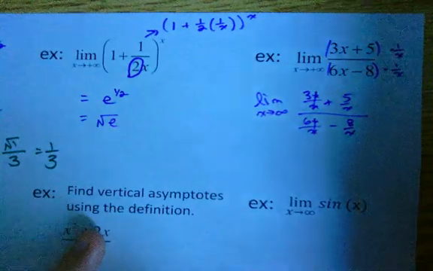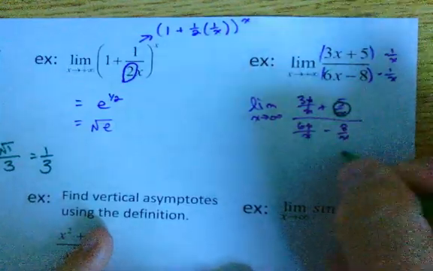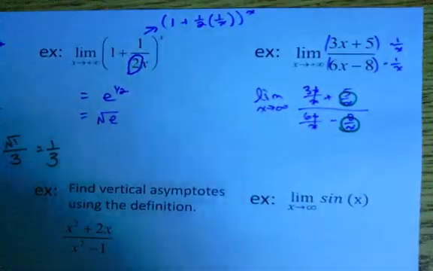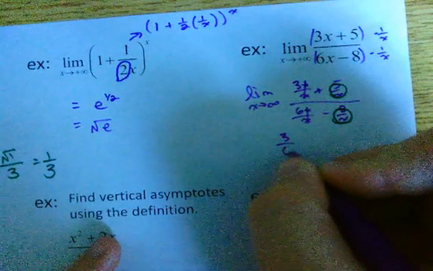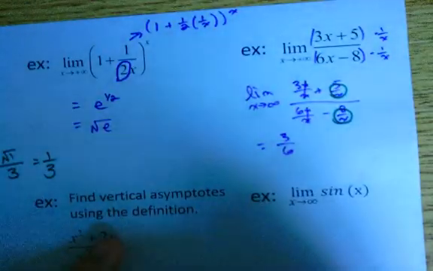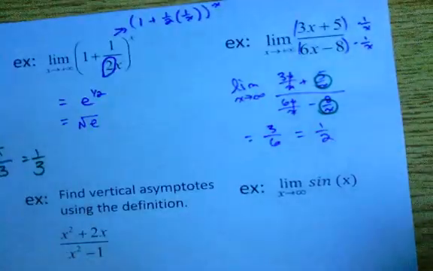These are going to cancel out, and these are going to zero out, again because x is growing faster on the bottom. So I'm left with 3/6, which is equal to 1/2.